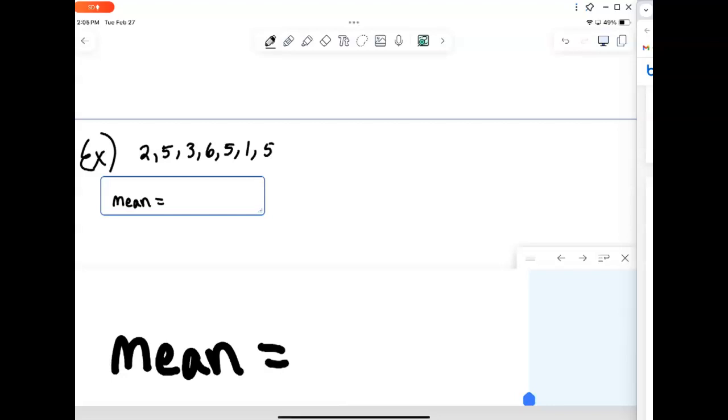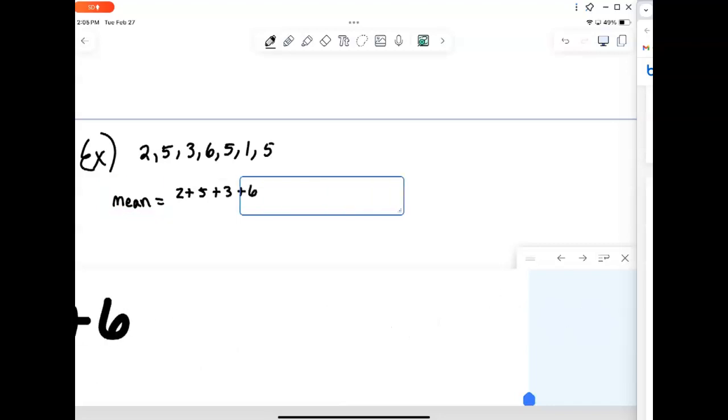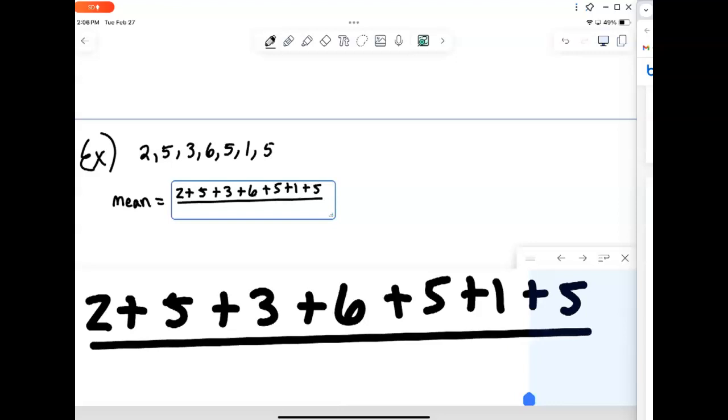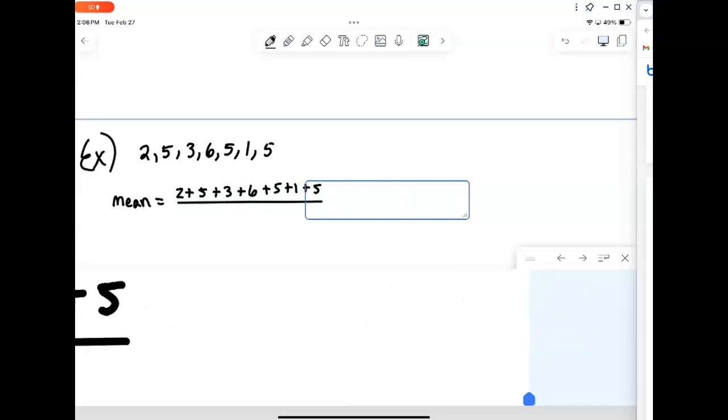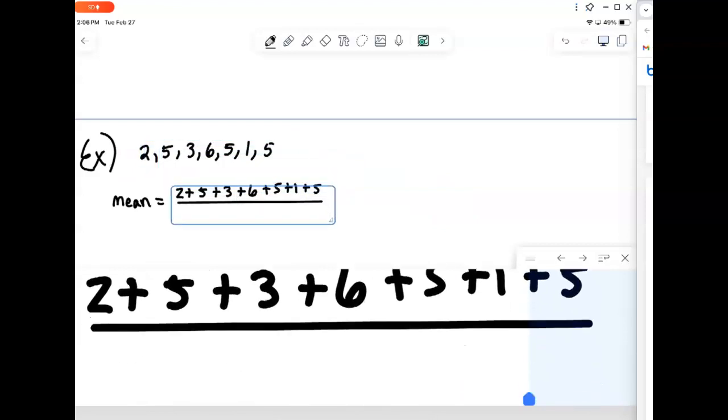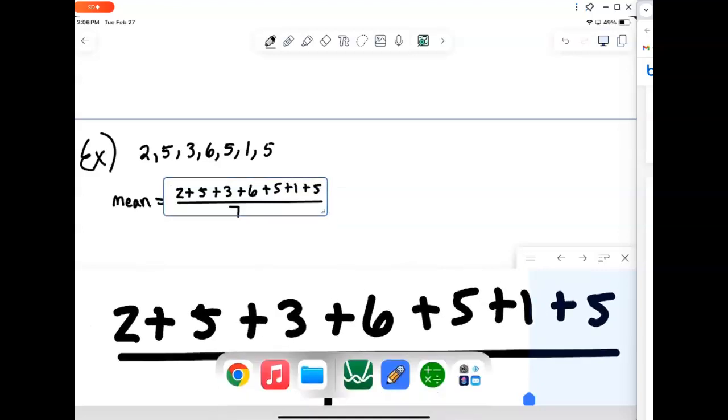So we compute the mean here by just taking each of our data values and totaling them up, and then dividing by the total number of values, which in our case was 1, 2, 3, 4, 7. So we'll just add all those up and then divide by 7.